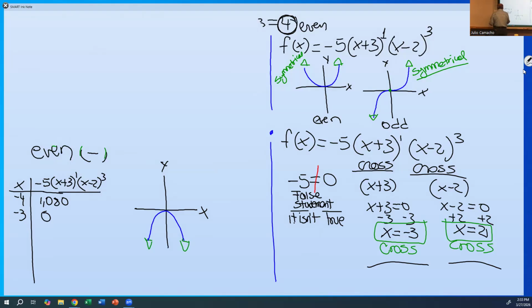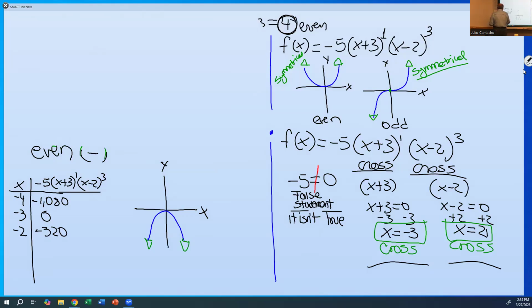Then when x is -2, y will be -320. When x is -4, y is -1080.